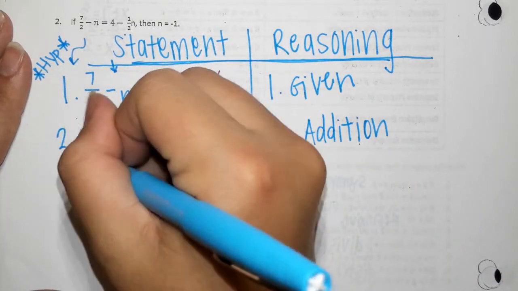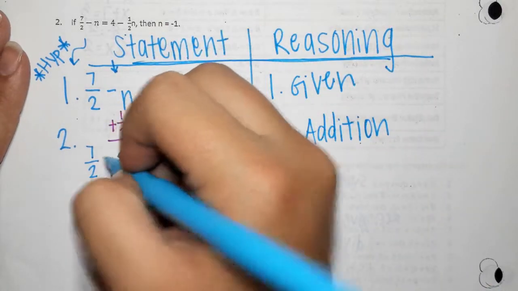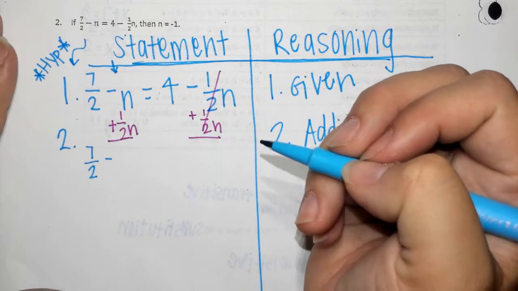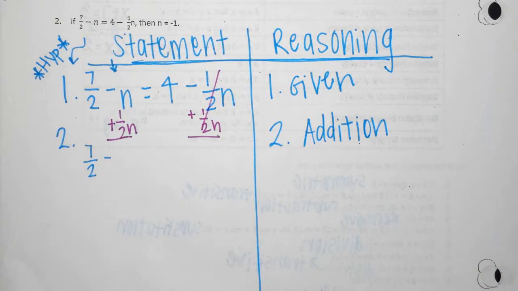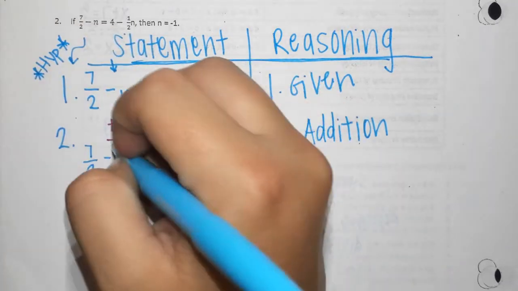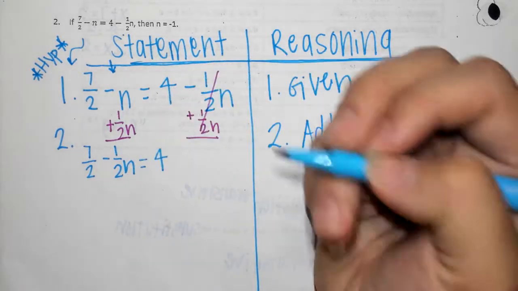Now we get 7/2. What's -1 plus 1/2? You owe me $1. Someone gives you 50 cents to give me. How much do you still owe? So it's still minus 1/2 n equals 4.